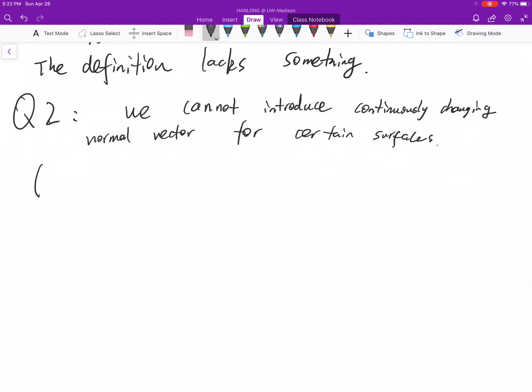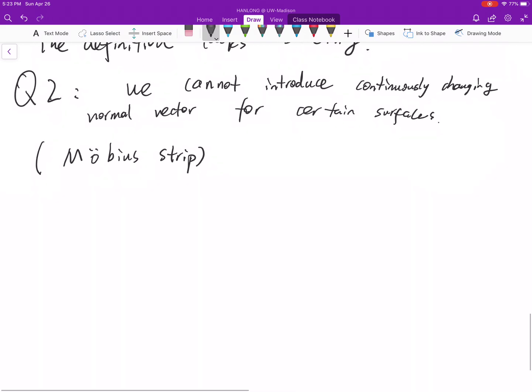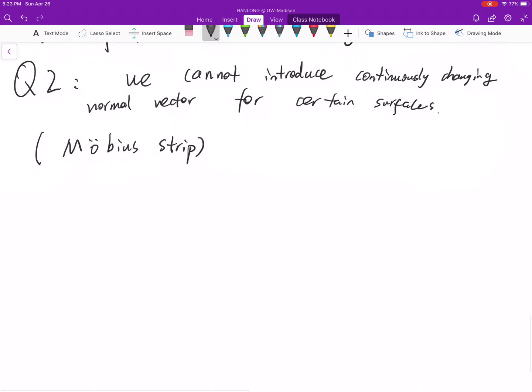I will not discuss in detail these exotic cases because we will not do surface integrals of vector fields on those surfaces. But you can search on Wikipedia or Google and find the following example called the Mobius strip.